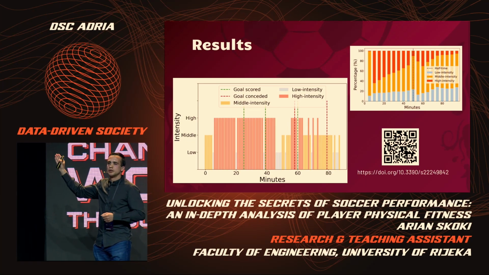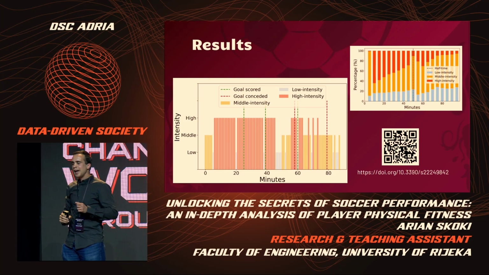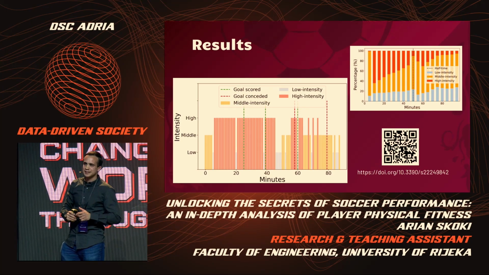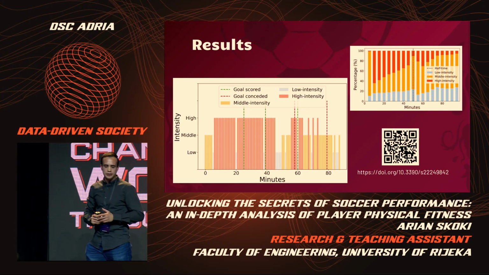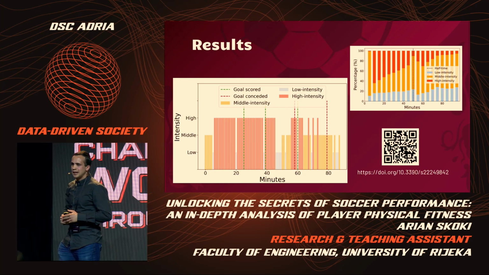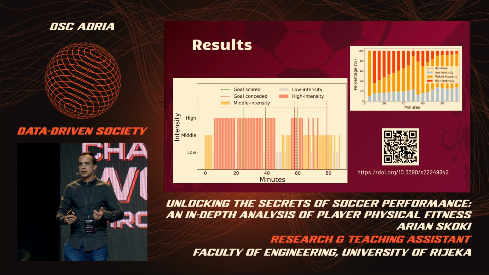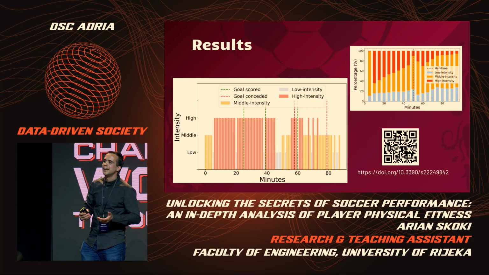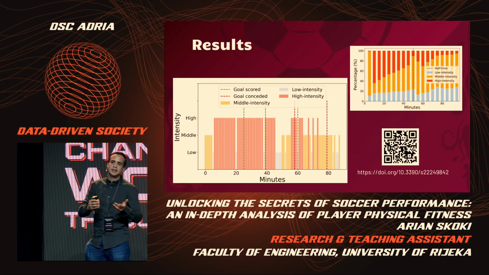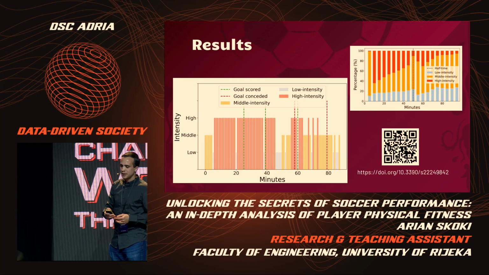But as the match goes by, the percentage of high intensity decreases, and the percentage of middle intensity takes its place. Low intensity also increases a bit, but this is, again, in line with what I said, that the performance of the football players drops by 10 to 20%, and that's why high intensity becomes middle intensity, which is just values that are a bit lower than high intensity.